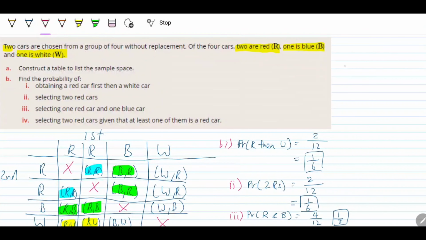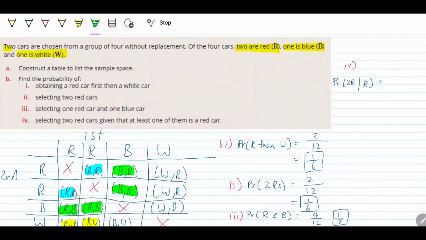In part IV, this is asking us to find the probability of selecting 2 red cars given that at least one of them is a red car. So this is conditional. So probability of 2 R's given that at least one of them is a red car.